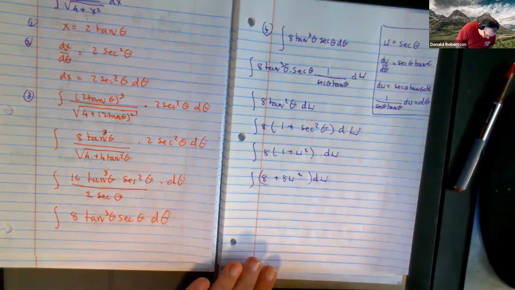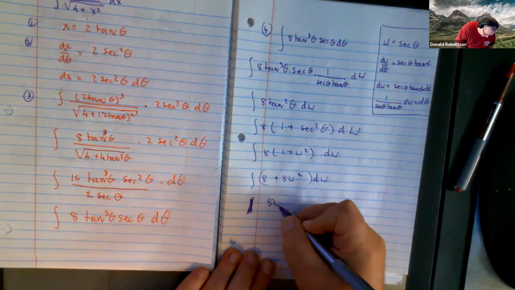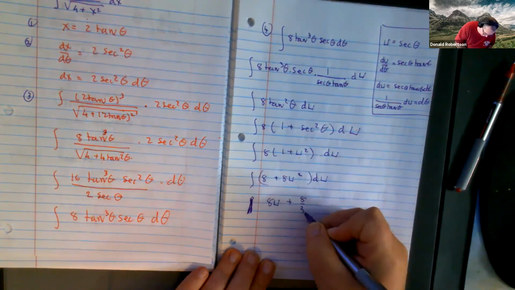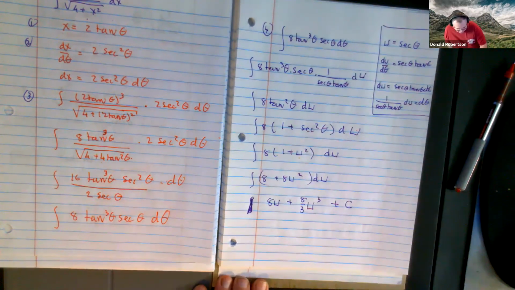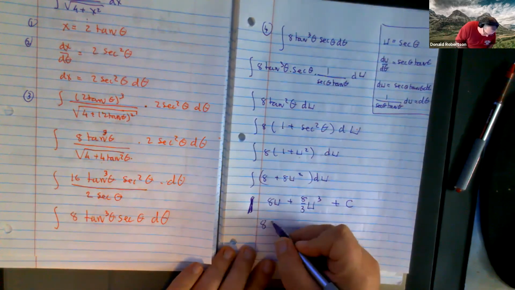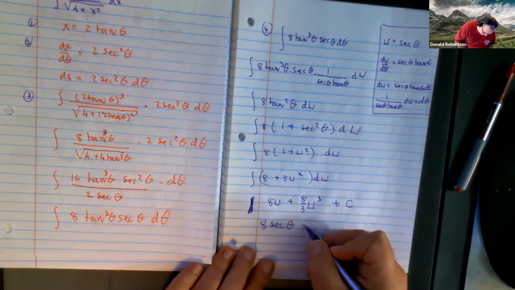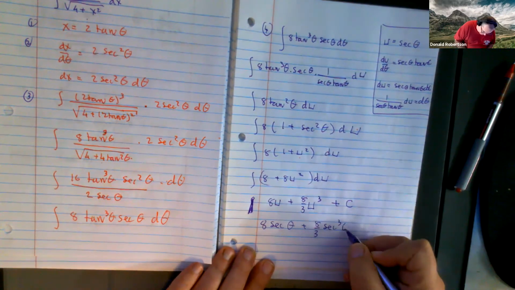Now, integrate 8, no, I don't know that. 8u plus 8/3 u cubed plus c. And I'm going to turn all the u's into secants. So it's now 8 secant theta plus 8/3 secant cubed theta plus c.